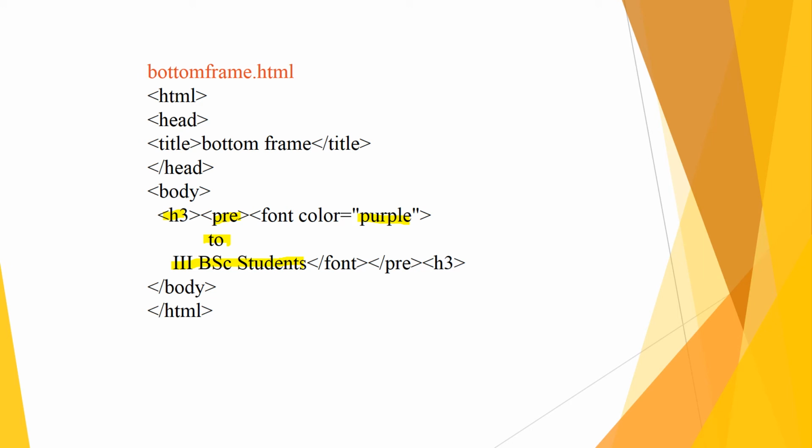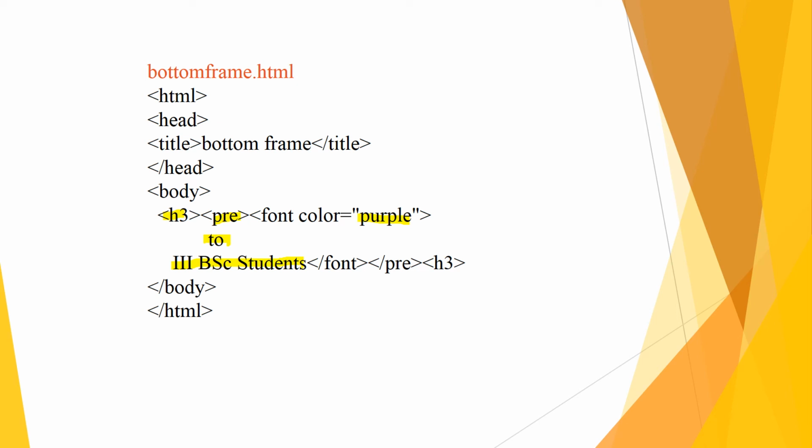Using these three HTML documents, I want to create one HTML document using the frameset and frame tags. Means I want to display these three documents in a single window in different sections, means different frames.